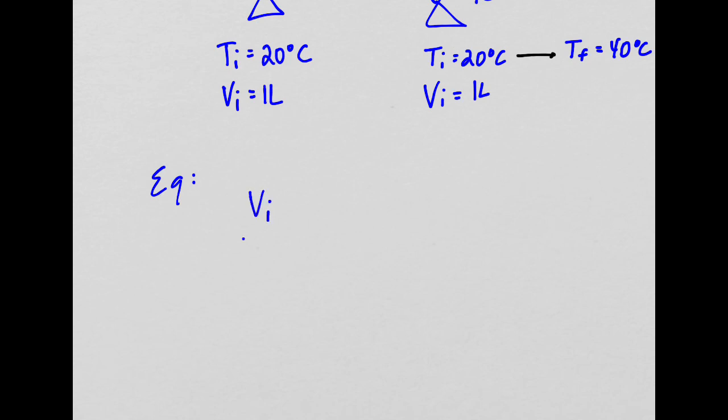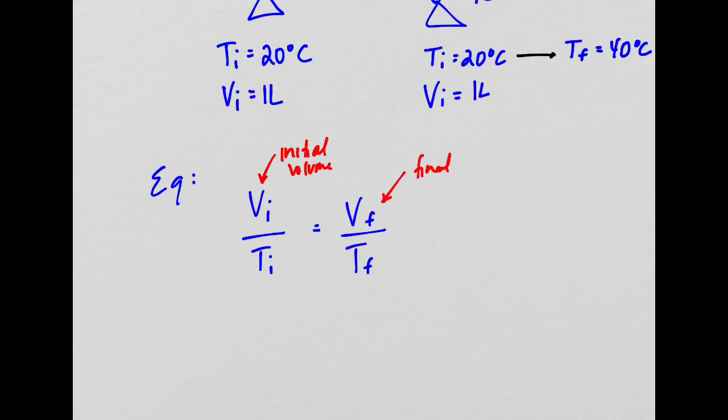So we have VI over TI is equal to VF over TF. So pretty straightforward. You already had this because you did the reading, but just so you know. So again, this is initial volume and final volume, and then we have initial temp and final temp.